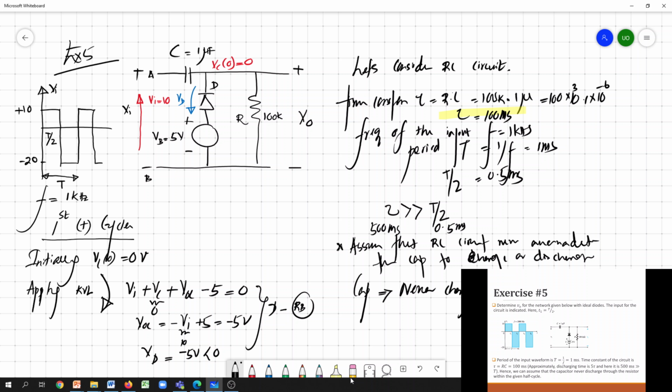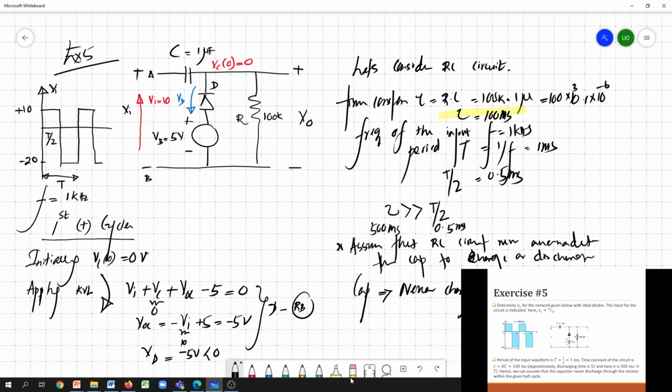This is the argument we can obtain, because if we evaluate the time constant of the circuit, we found that it's 100 milliseconds. In practical scenarios it needs 5 times the time constant to reach its maximum or minimum.